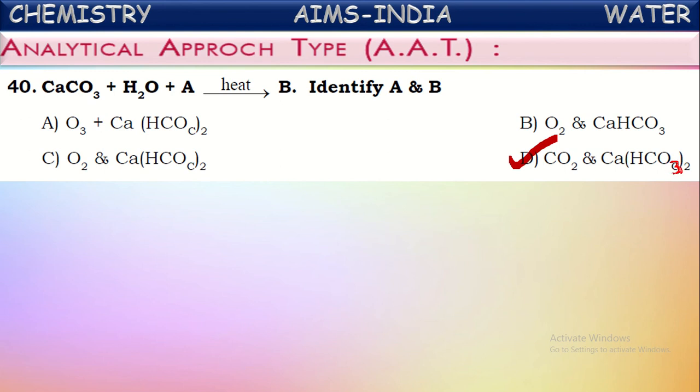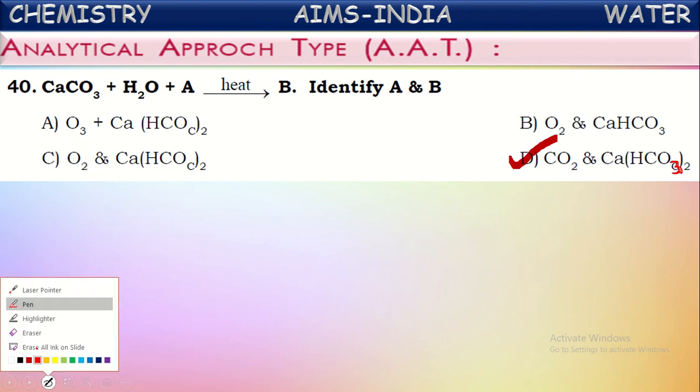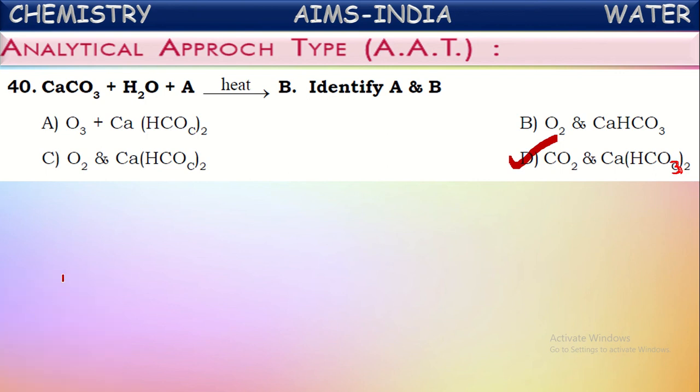It is called calcium bicarbonate, which is causing temporary hardness to the water. In this way, calcium bicarbonate is formed in the water because of the reaction of calcium carbonate, which we call limestone, with carbon dioxide. So here A is carbon dioxide, B is calcium bicarbonate.